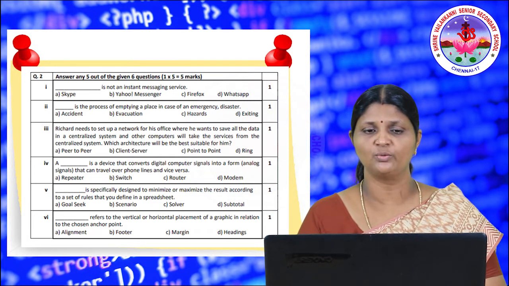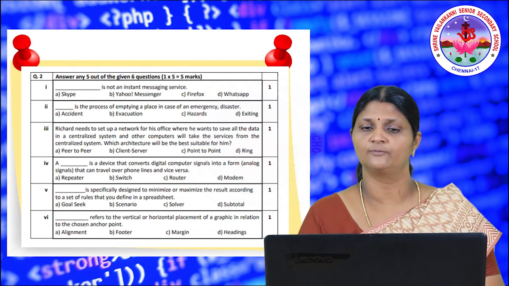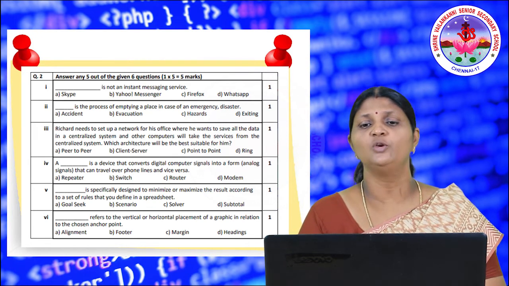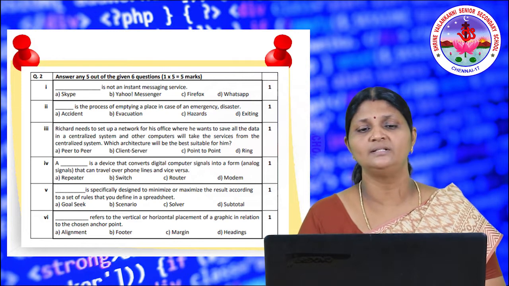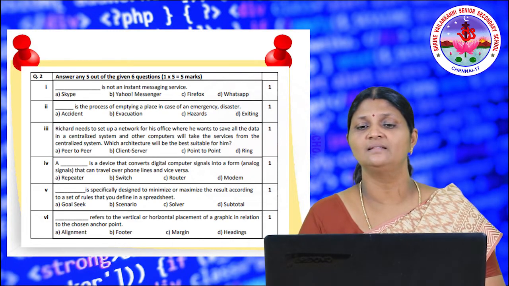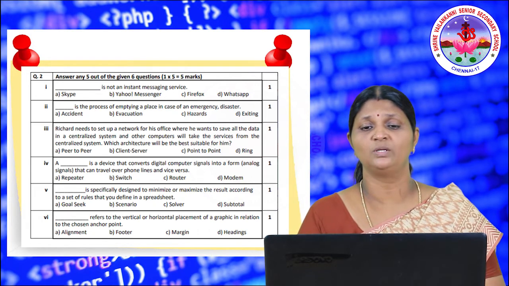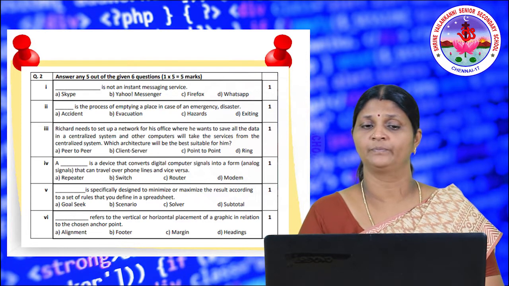Third subdivision in question number 2, Richard needs to set up a network for his office where he wants to save all the data in a centralized system and other computers will take the services from the centralized system. Which architecture will be the best suitable for him?